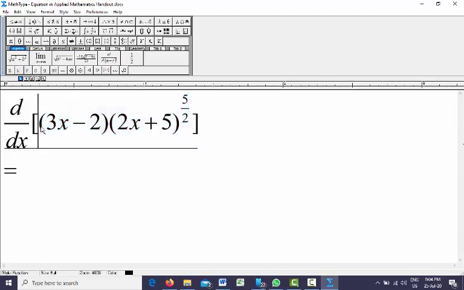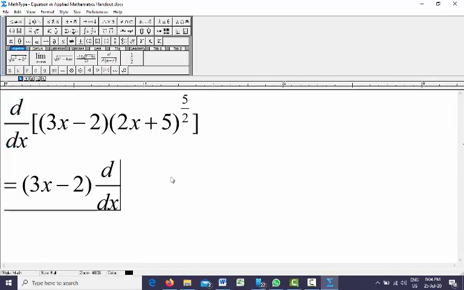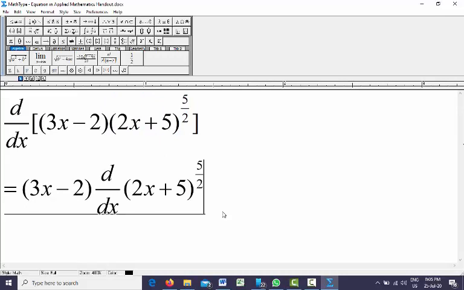You can choose either one of these to remain outside first. I have chosen to use this one behind d by dx first, and the other one I have chosen to include in front of d by dx.